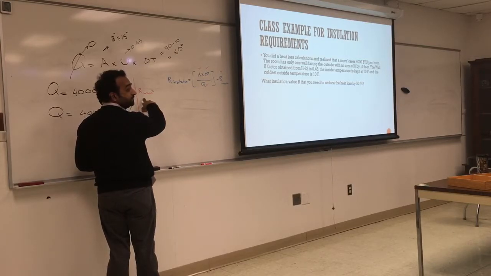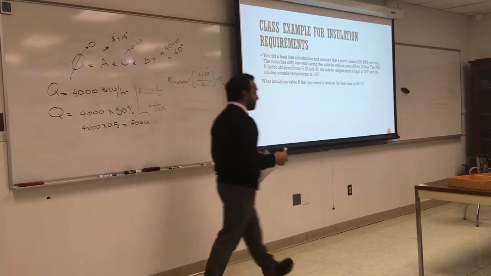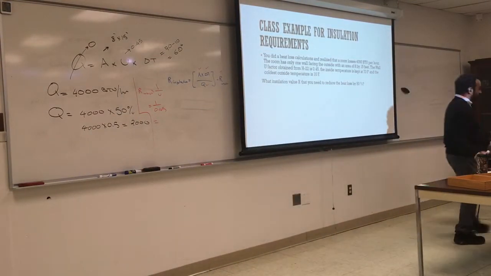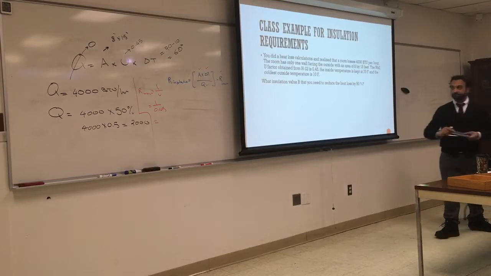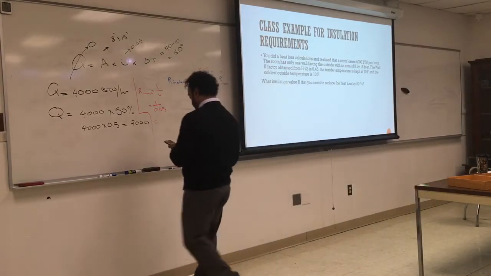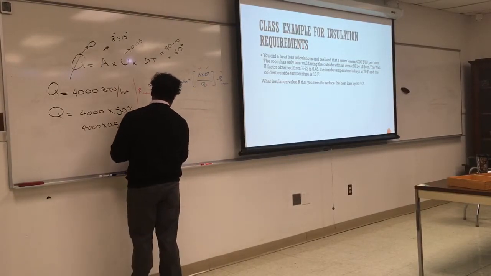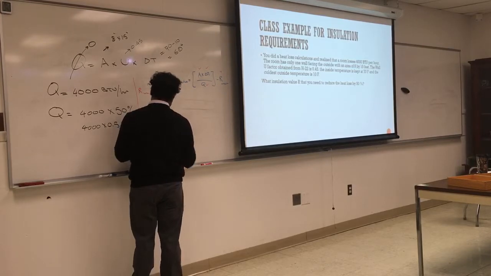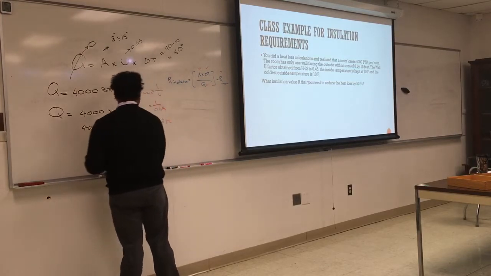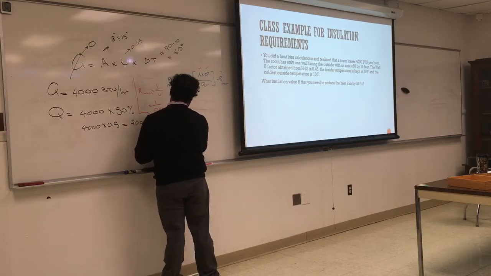That's the U. Yes, 1 over U equals 1 over 0.45. What is that? Please go to the calculator. 2.2. 2.22. Okay. So now I'll carry on.